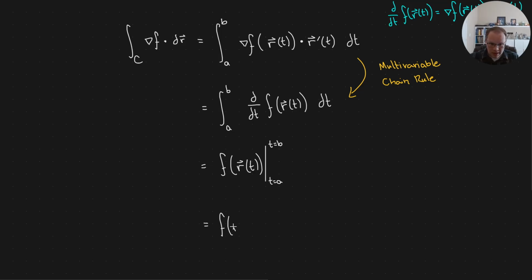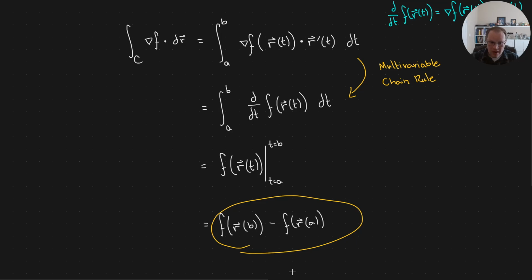And so plug in the top limit first, then plug in the bottom limit. Okay, so I can evaluate the line integral over the gradient of f by taking the original function f and just evaluating it at the endpoints of the curve and subtracting them.